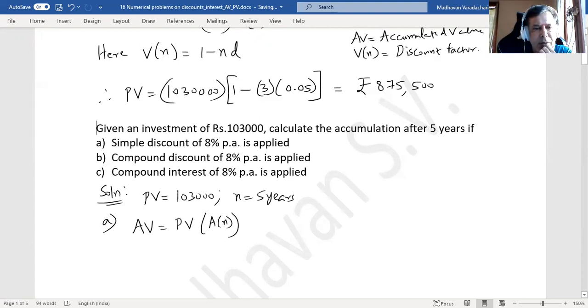Here we also know the accumulation factor is the reciprocal of the discount factor, or the discount factor to the power of -1.